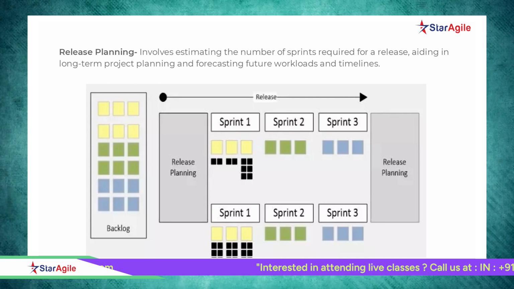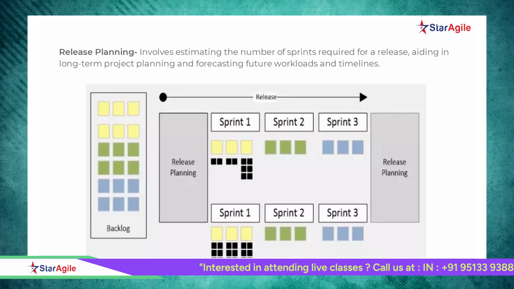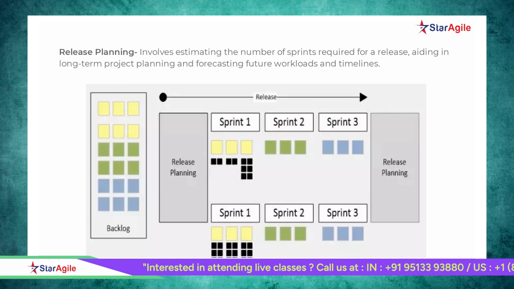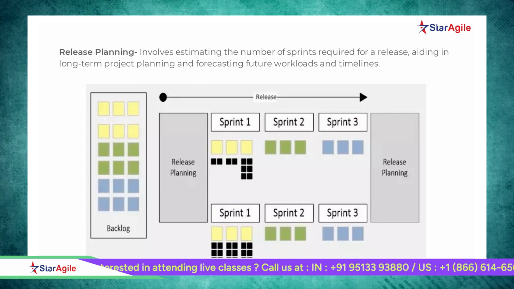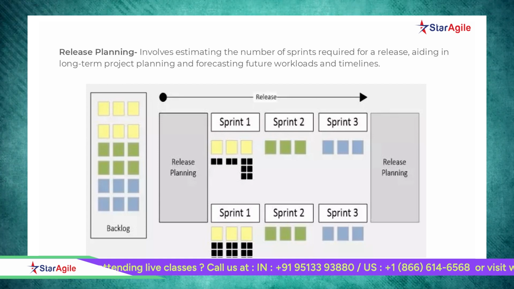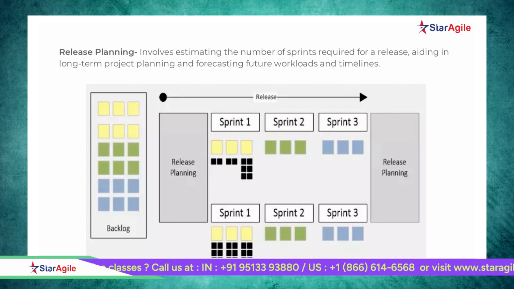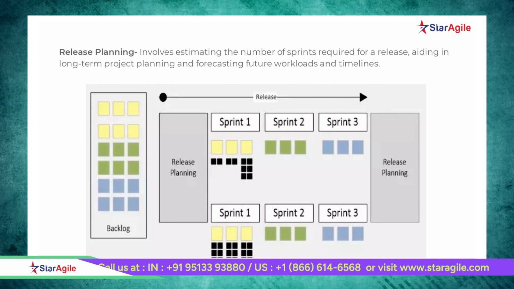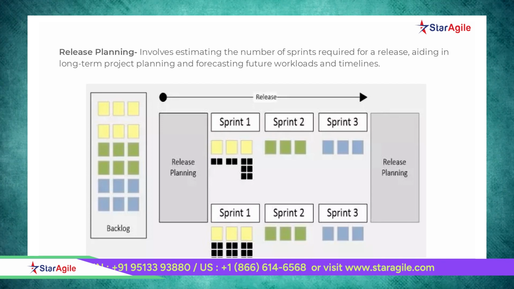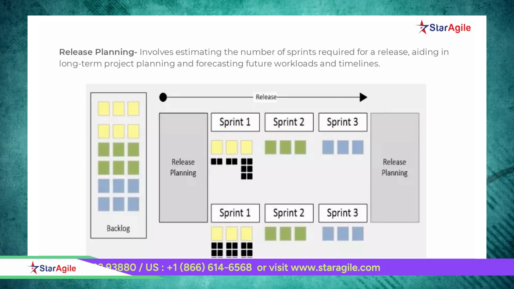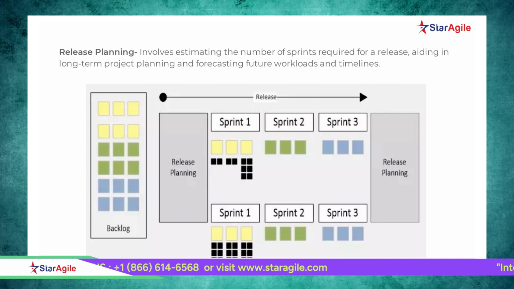Effective release planning balances the need for flexibility in agile environment with the necessity for predictability in product delivery, enabling teams to forecast workload, manage resources efficiently, and align product development with business goals and market opportunities.